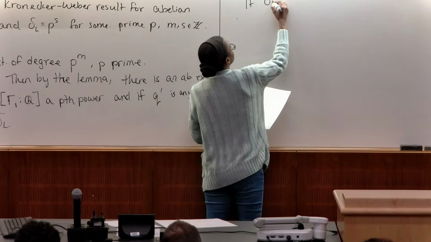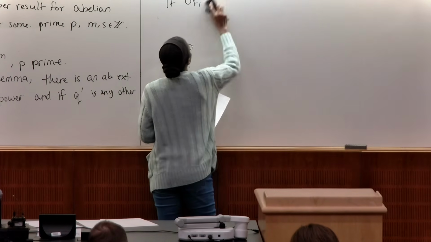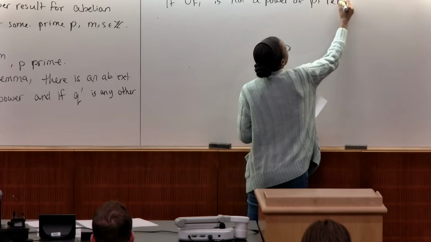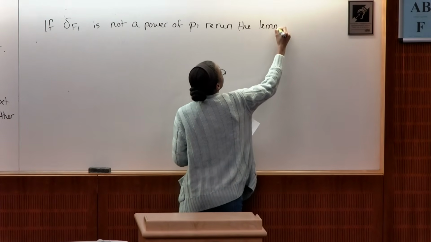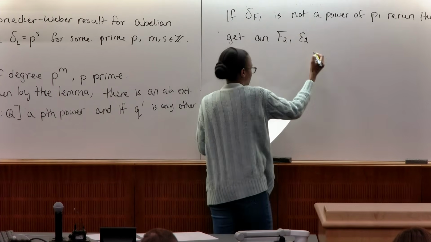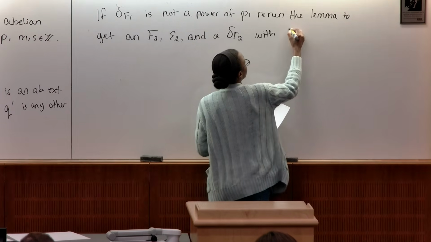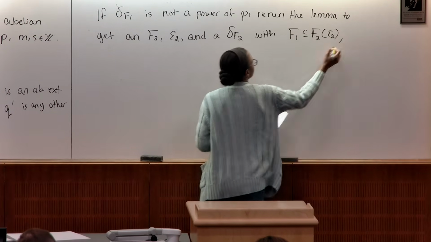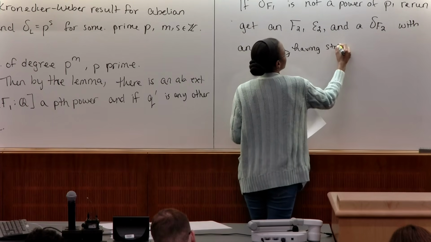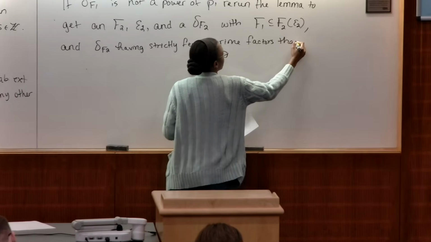So if delta F1 is not a power of P, rerun the lemma to get an F2, an epsilon 2, and a delta F sub 2 with F1 contained in F2 adjoin epsilon 2 and delta F2 having strictly fewer prime factors than delta F1.